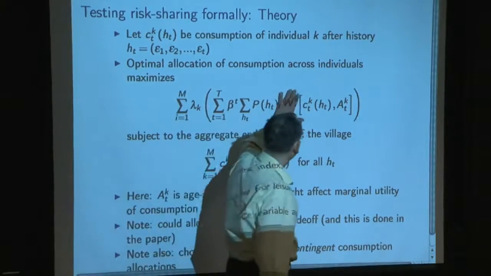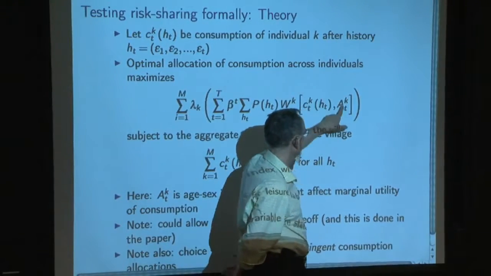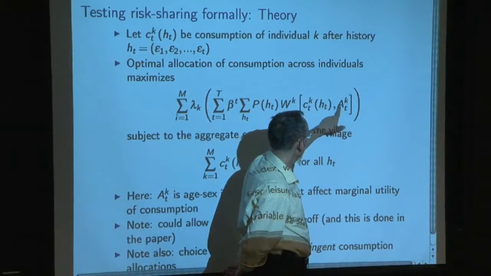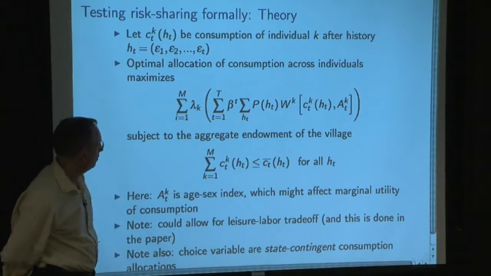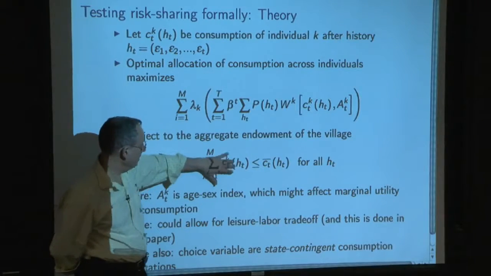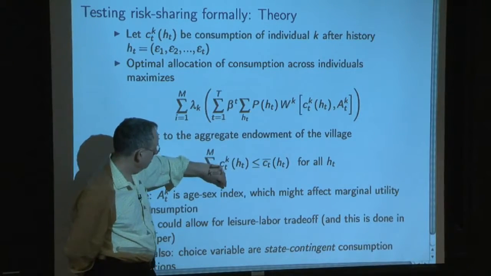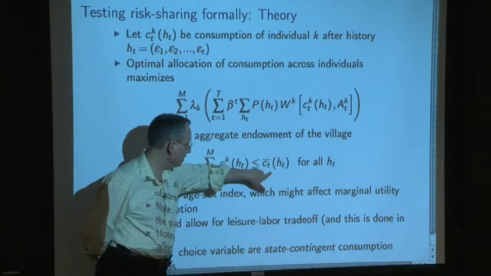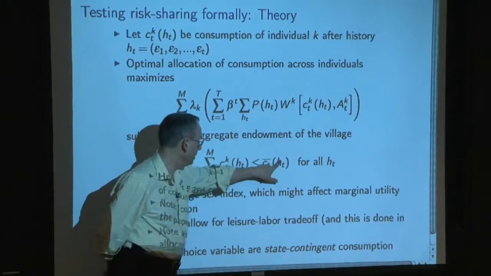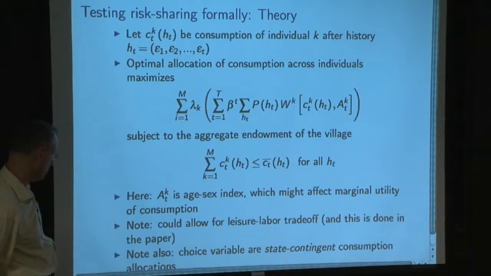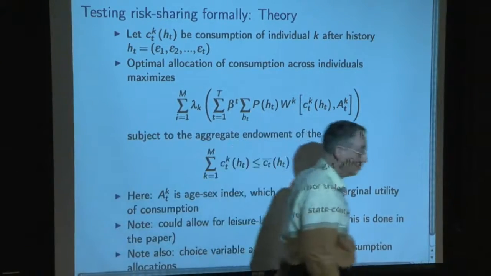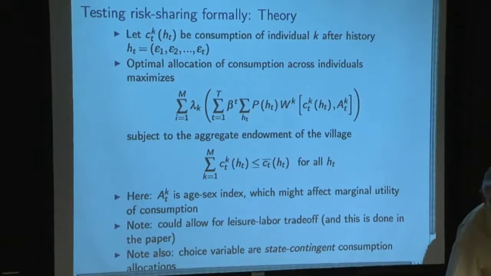And utility contemporaneously depends on consumption and these gender-age weights. Whatever the sum of consumption is, it's this aggregate, and the idea is how to distribute that aggregate to maximize this objective function. You can put labor in here. We'll have a whole lecture on that.